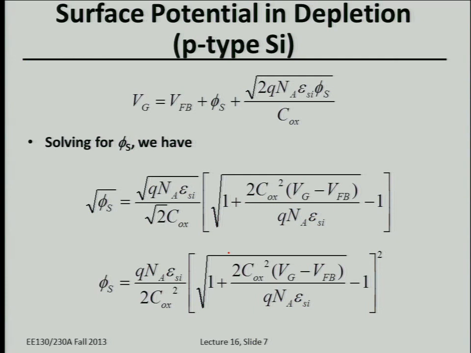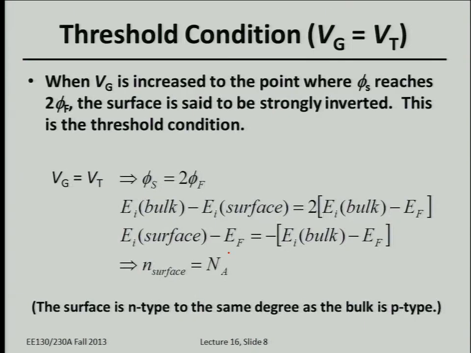As you increase VG, ideally what you want to do is change the voltage at the surface of the silicon, but you can't do that because it's a capacitive voltage divider. Part of that voltage is dropped across the oxide, and part of it is wasted across the silicon. Eventually you should be able to change the voltage dropped across the silicon enough to change the surface from p-type to n-type. That's what I introduced qualitatively last time.